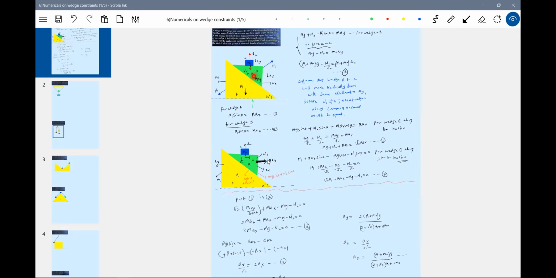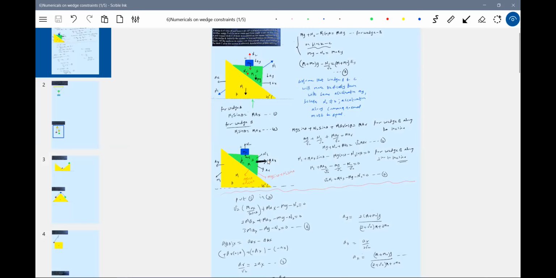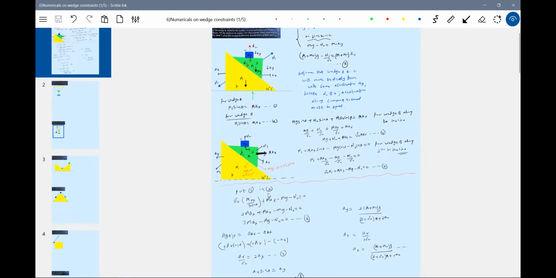We'll just assume that the acceleration of wedge B is somewhere in this direction, and the acceleration of wedge A is like this. Then the acceleration along the common normal should be equal. Solve it, you'll get the answer. So you have 3 approaches whenever a block is sliding on a wedge. You can manage. I'll go to the next question.